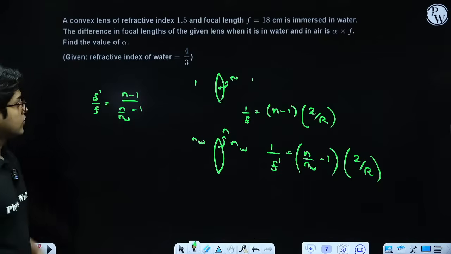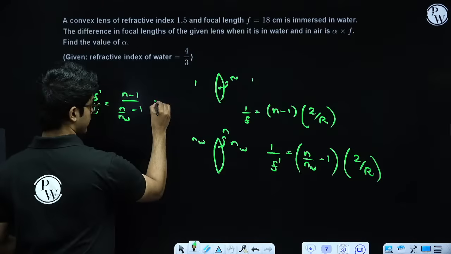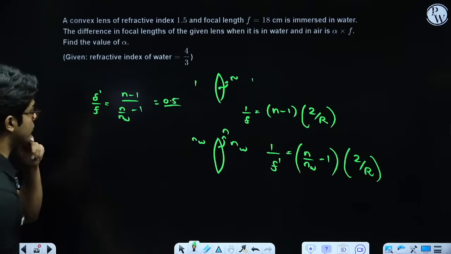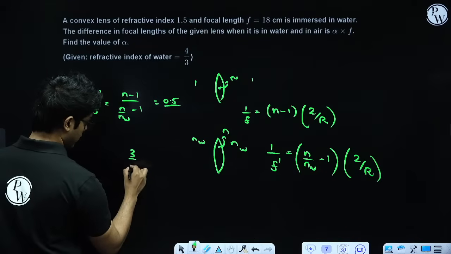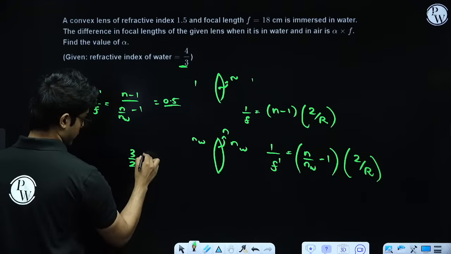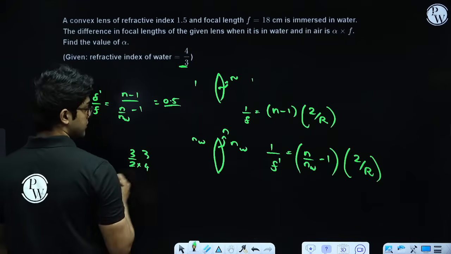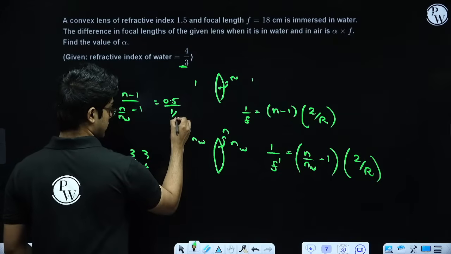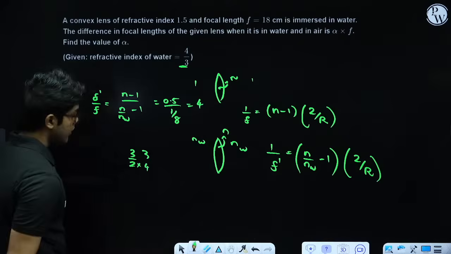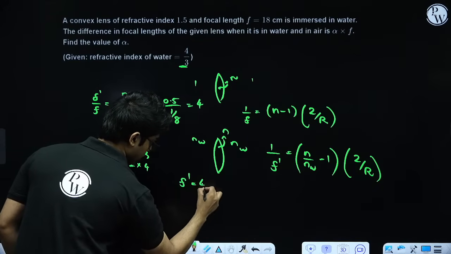These values we know, so we'll substitute. n minus 1 will be 0.5, and n divided by NW, 3 by 2 divided by 4 by 3, is 9 by 8. 9 by 8 minus 1 would be 1 by 8. 8 times 0.5 is 4. So the new focal length f dash is actually 4 times the original focal length.